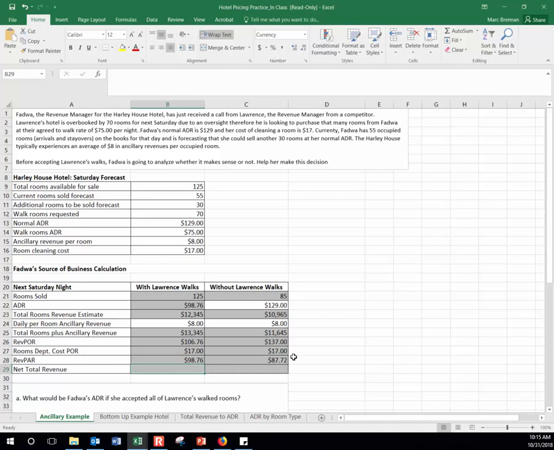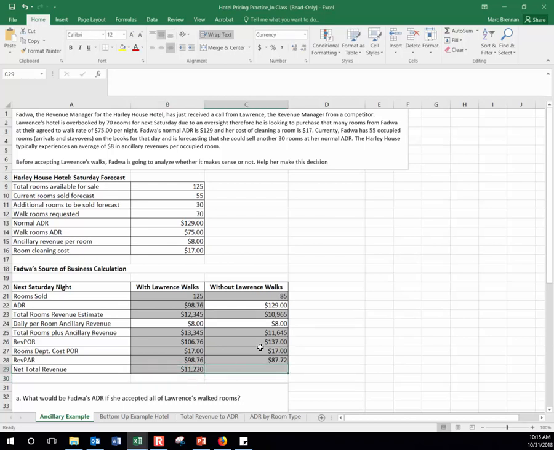Now as far as my net total revenue, I'm going to have to take away the cost per occupied room for my total rooms. So my $13,345 minus $17 as the cost per one room times the 125 rooms that I have booked. So my total rooms and ancillary revenues combined minus the cost for one occupied room times how many rooms I have occupied.